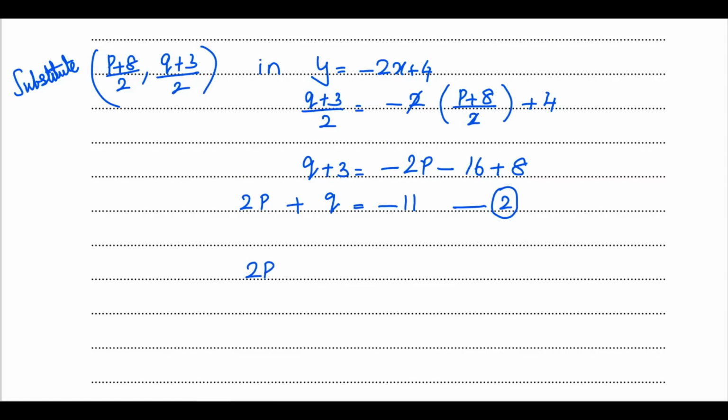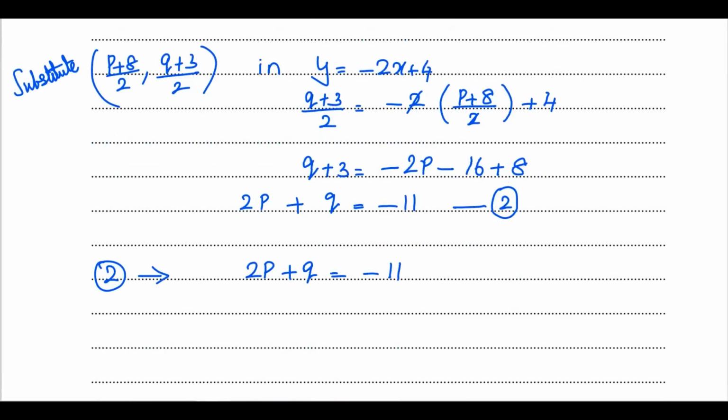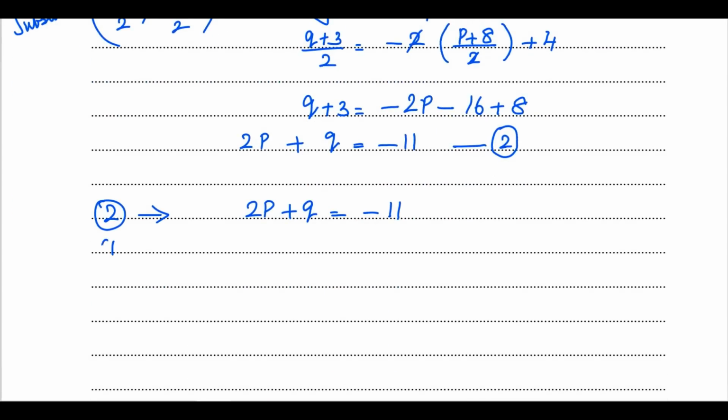So 2P plus Q is equal to negative 11. Equation 1 we will multiply by 2.